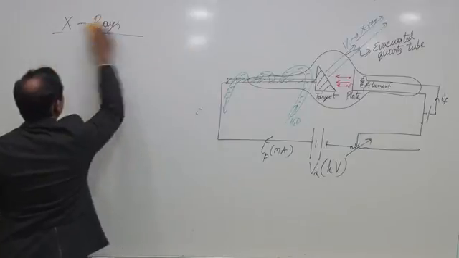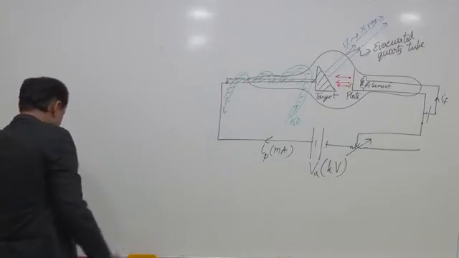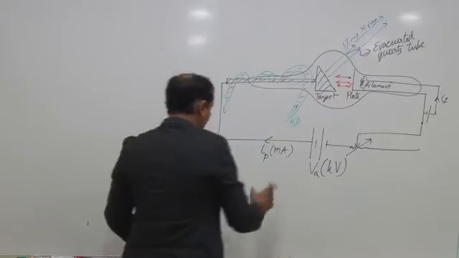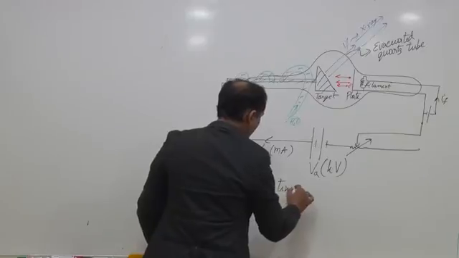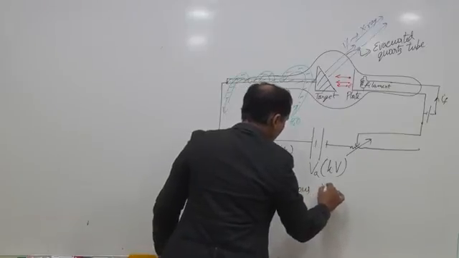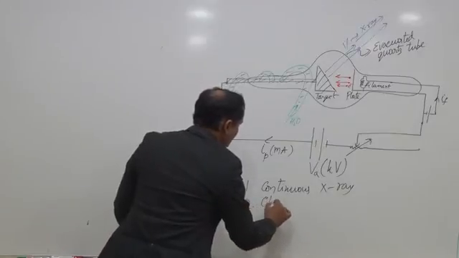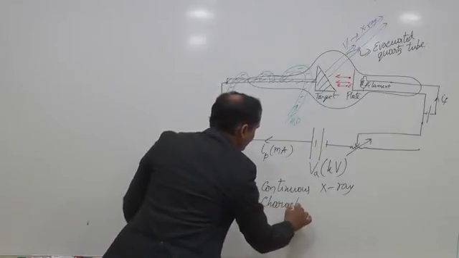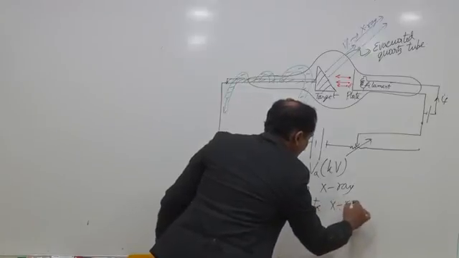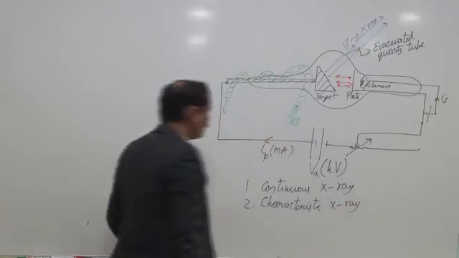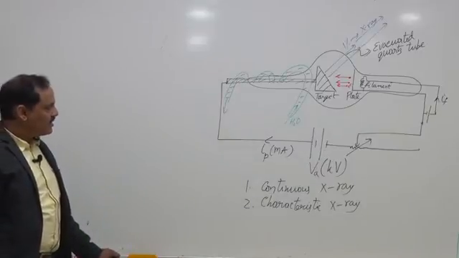Now, two types of X-rays are produced in the Coolidge tube. One is called continuous X-ray, another is called characteristic X-ray. Now, how are they produced?